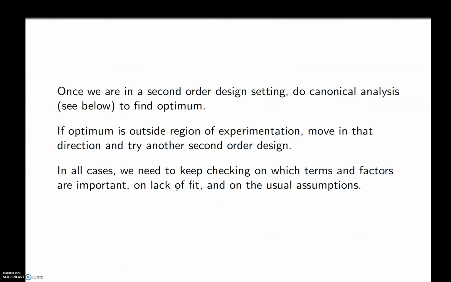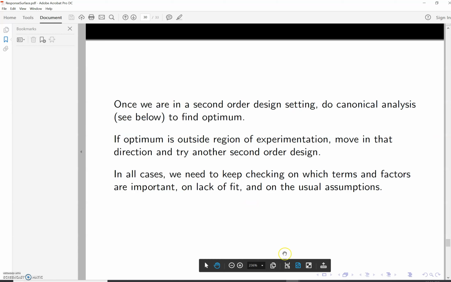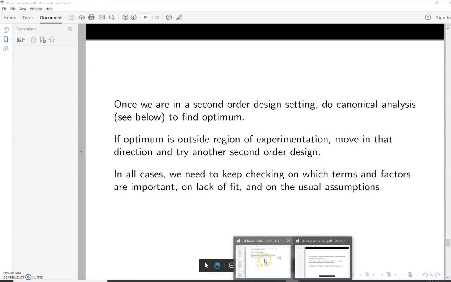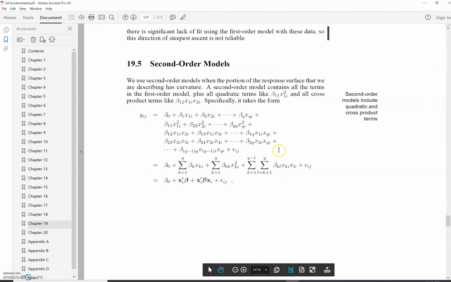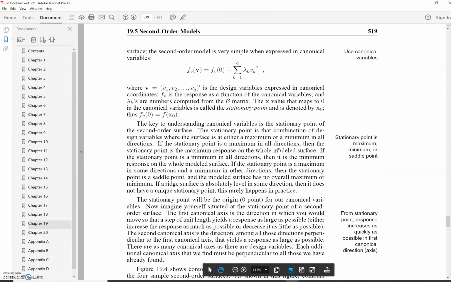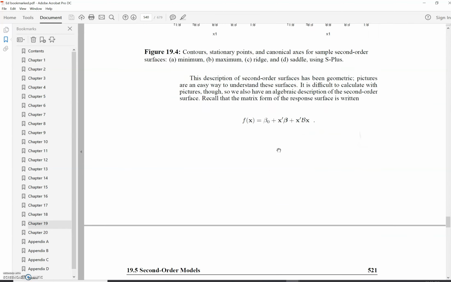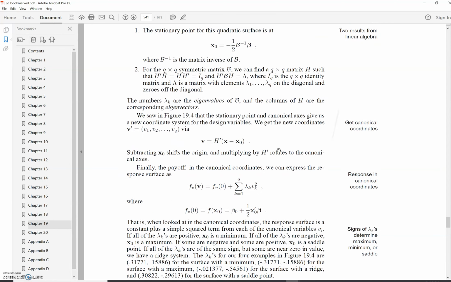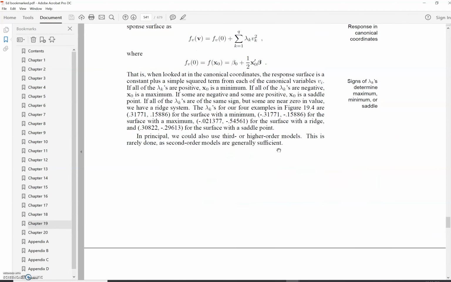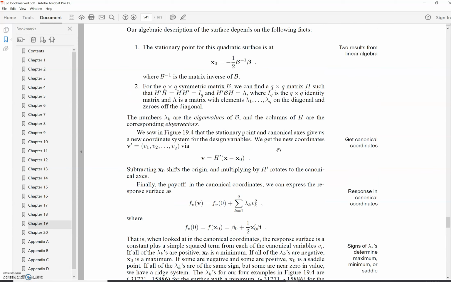Let's go back to the example in the text. You can see this is a lot of the material. This is a little bit more detail about that beta matrix and then how you derive that H matrix that gives you your canonical covariates.